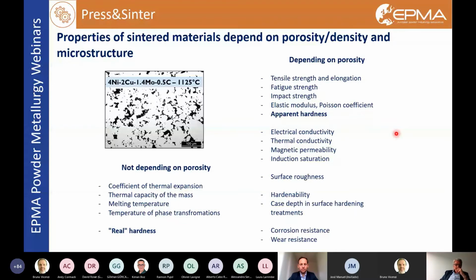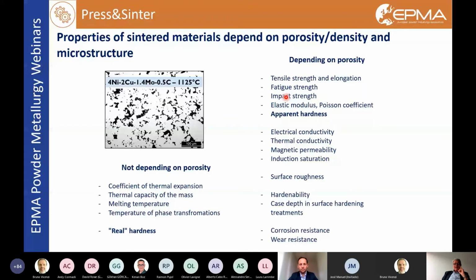I go back to describe the image of the microstructure of the press and sinter material. We have a residual porosity, the black regions, since the pores cannot be completely eliminated during the compaction and sintering processes. And this slide shows that only a few properties do not depend on porosity. Those are the properties that depend only on the crystalline lattice of the material.